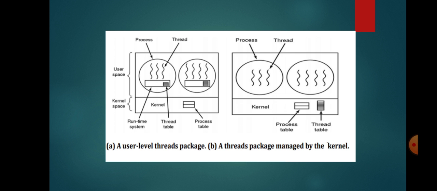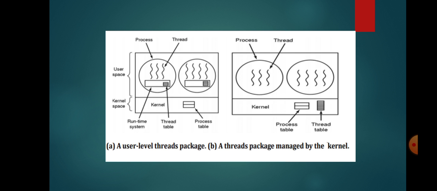In kernel space, the kernel doesn't know anything about the threads. Each process has its own thread table, which is shown here, and similarly the process and threads are shown. In this process there are three threads running.